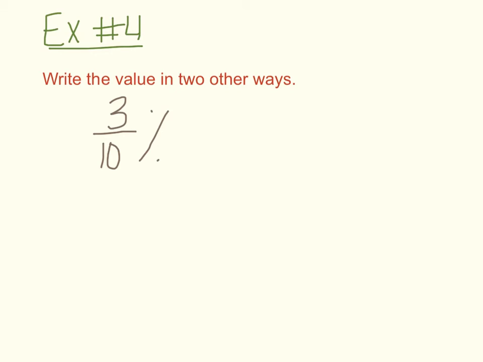Example number 4. Now again, I know this is in fraction form, but it's still a percent because it has the percent sign. So let's change this into a decimal to make it easier to work with. When we have a fraction and we need to change it to a decimal, we have to divide. We put the numerator inside. Now, 10 cannot go into 3, so we put a 0.